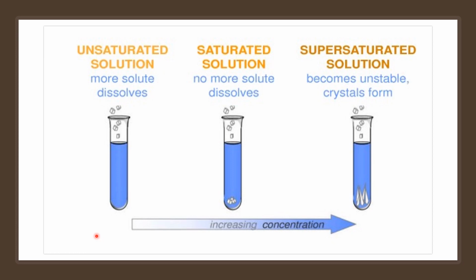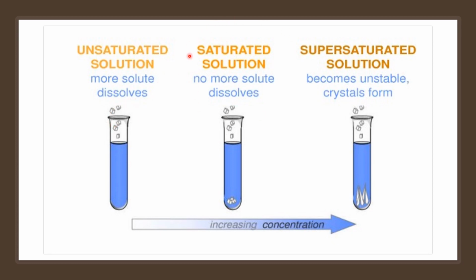So we have here a diagram of the three classifications of our solution based on saturation, according to increasing concentration. We have here an unsaturated solution. When we add a solute to our unsaturated solution, it will dissolve. So more solute will dissolve in an unsaturated solution.